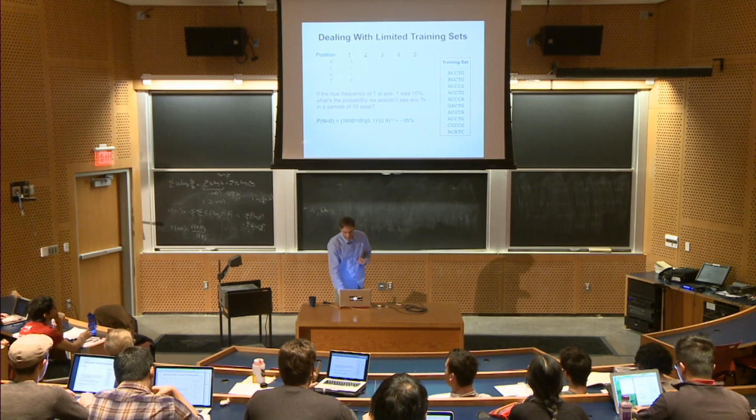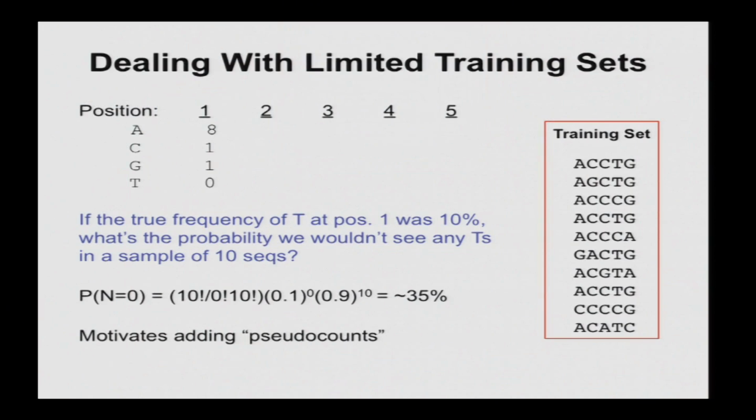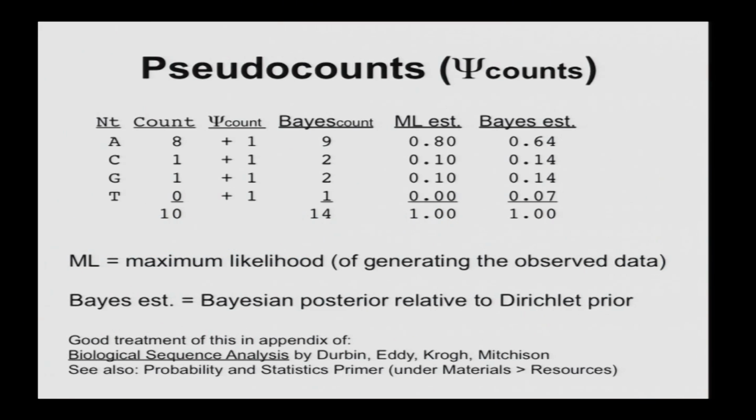It turns out there is a principled way to do this called pseudo-counts. If you use maximum likelihood estimation, you get just the observed frequency. But if you assume that the true frequency is unknown, but was sampled from all possible reasonable frequencies, that's a Dirichlet distribution, then you can calculate the posterior distribution in a Bayesian framework, given that you observed, for example, 0 T's.